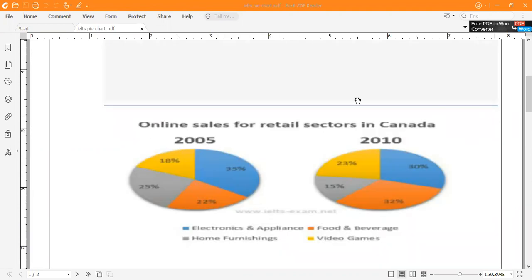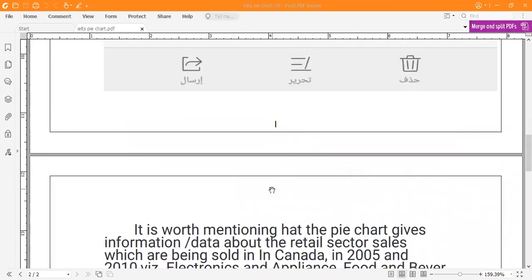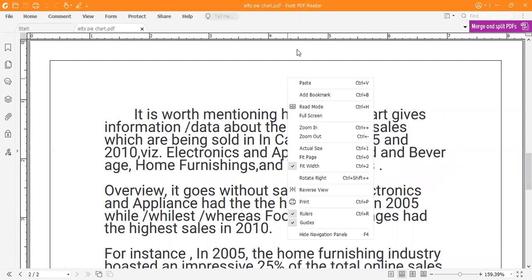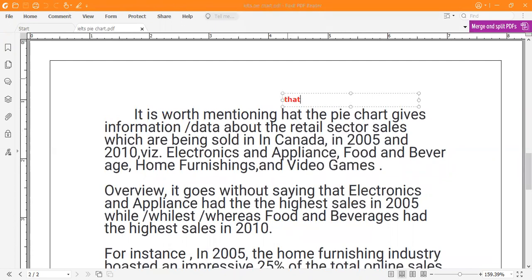أول شيء لازم نعيد صياغة السؤال زي ما اتفقنا من قبل. وبعدين راح نشوف كيف الأوفرفيو, كيف سيكون الأوفرفيو. So you can say it is worth mentioning that the pie chart, you can use any word that I told you, gives, illustrates, reveals information about the retail sector sales which are being sold in Canada.